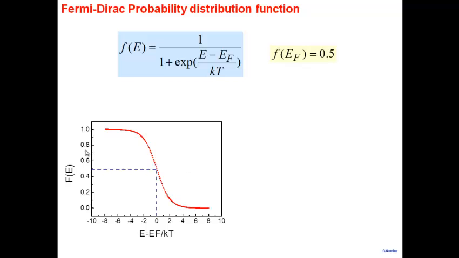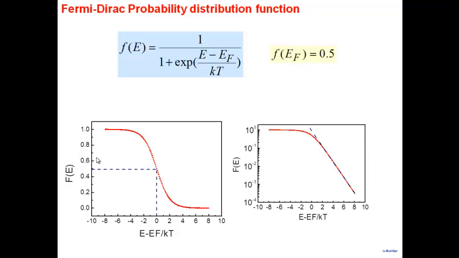Now suppose I plot this function on a log scale. Look at how it looks. If I look at this region here, for energies larger than EF by a certain amount, on a log scale it looks like a straight line. What does it mean?